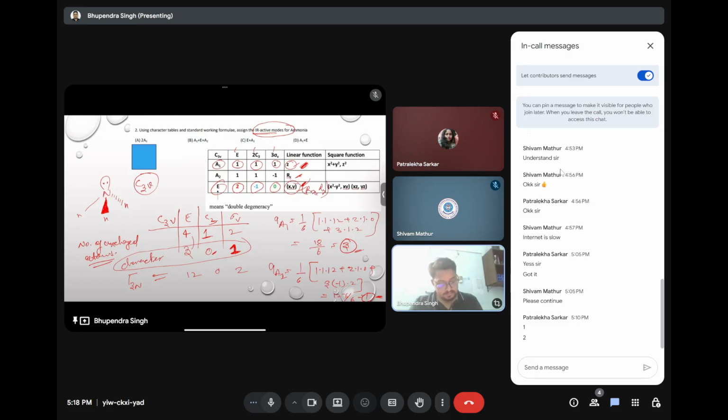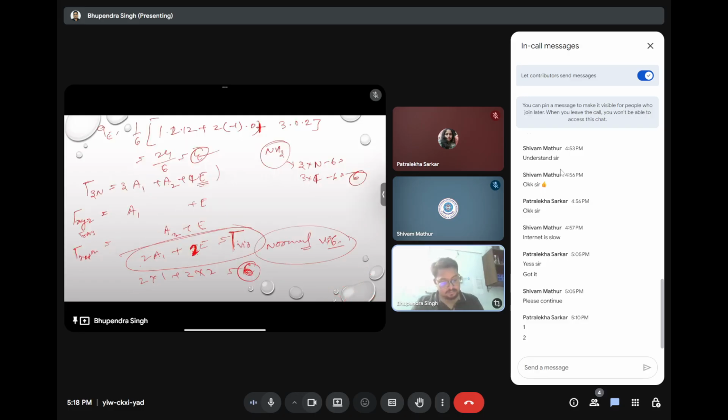So actually in these normal vibration modes, these are all IR active.